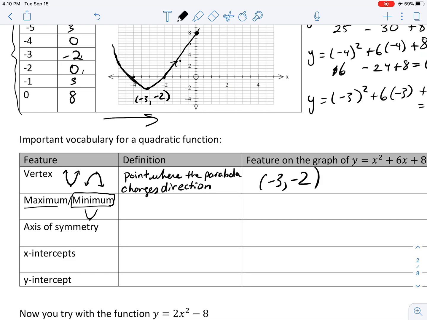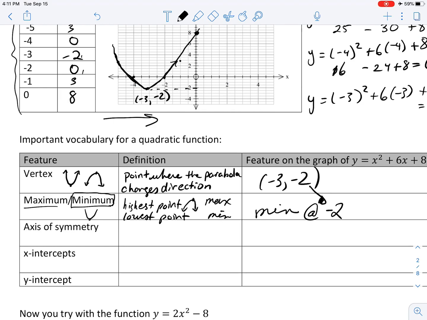It's the lowest point. The highest point on this type of parabola is a max, and a min is the lowest point. So in this case, we have a minimum, and it occurs at -2. So the vertex actually informs the minimum or maximum. So that's where I got that from.